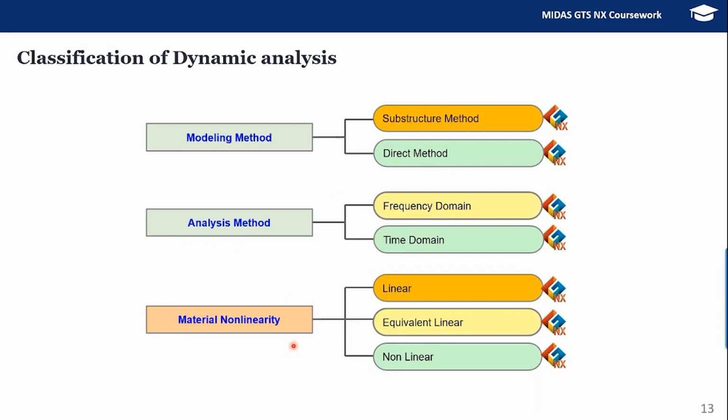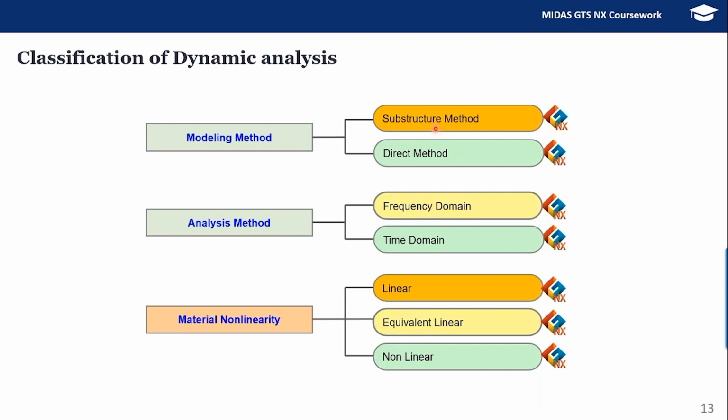In the material non-linearity, we have linear material, we have equivalent linear material, and we have non-linear material. So all these analyses can be done in GTS NX. But the very first, the substructure method, can be partially done in GTS NX because in this method we have different load combinations based on codal provisions and the springs have to be modeled accordingly.